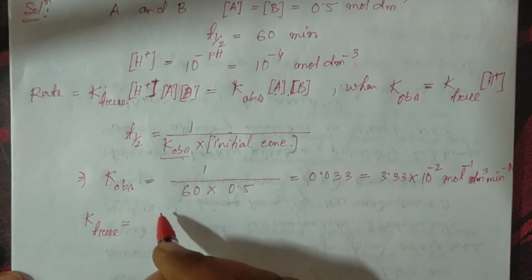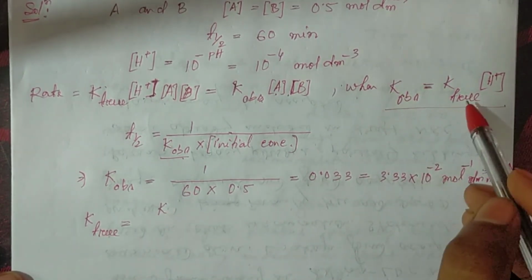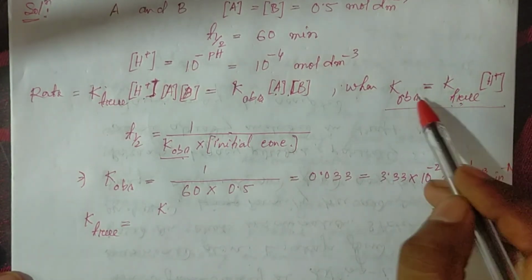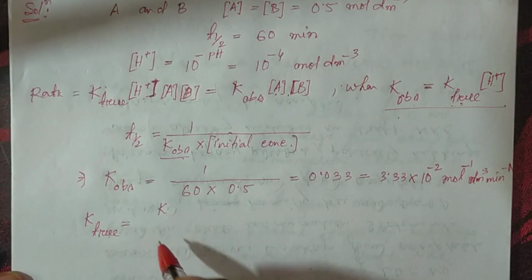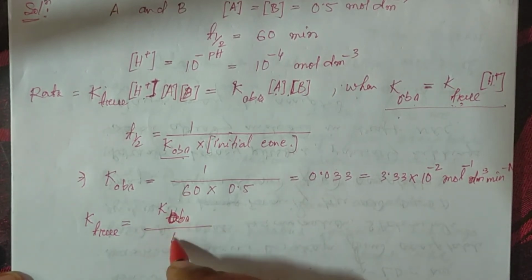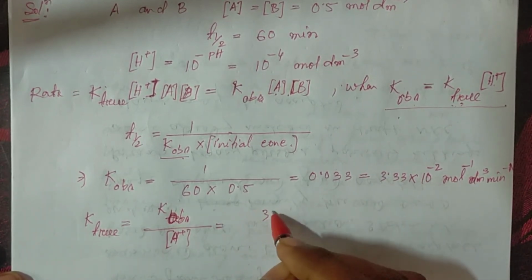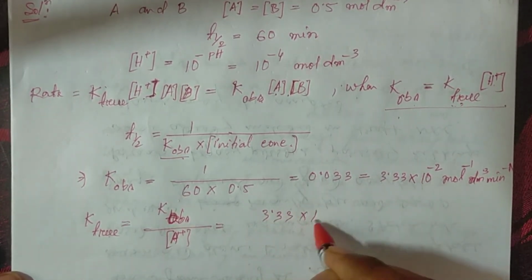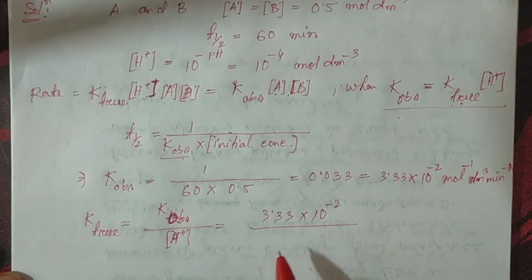Okay, so now we will calculate K true. You can see from this equation that K true will be equal to K observed divided by concentration of acid. So it is 3.33 into 10 to the power minus 2 divided by concentration of acid.